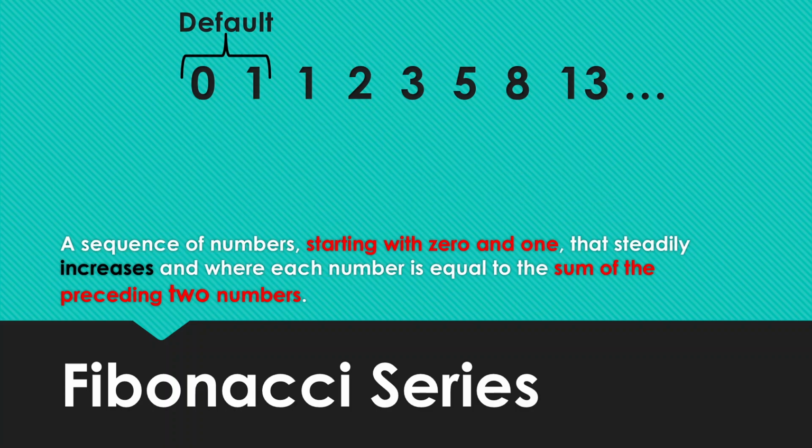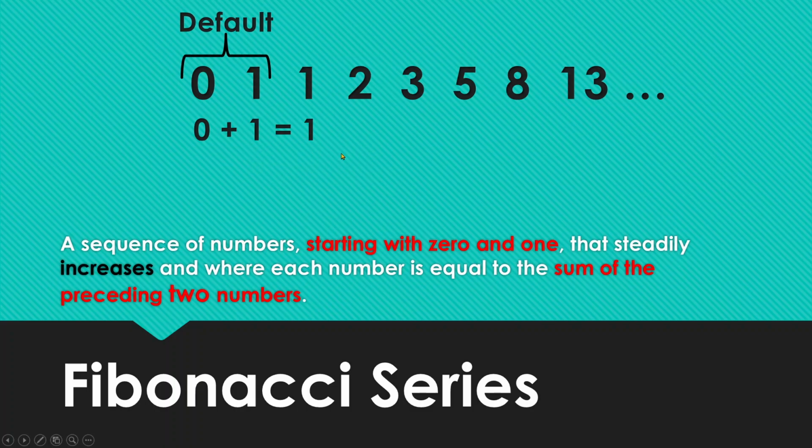Let me show you that again using this animation that I did. In order to get 1 here, we get F of 0 plus F of 1. In order to get these two here, we do the two preceding numbers, so F of 1, F of 2 plus F of 1.